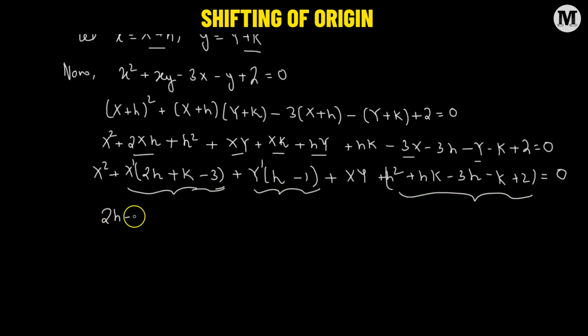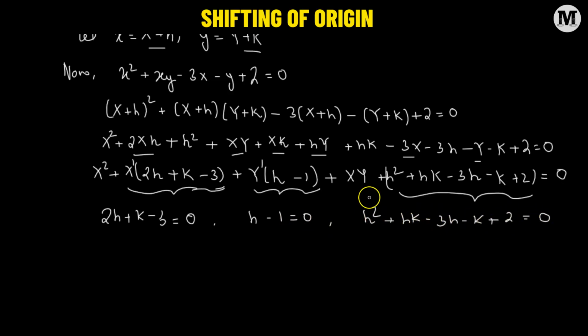So we take 2h plus k minus 3 equals 0, h minus 1 equals 0, and h squared plus hk minus 3h minus k plus 2 equals 0 as well. The xy term is not set to 0 because it is not a first degree term: the degrees of x and y are both 1, so together they have a degree of 2.